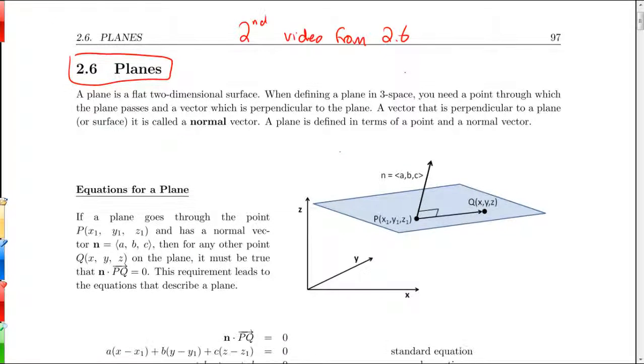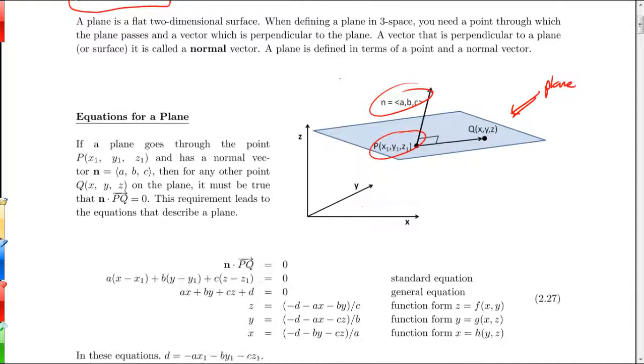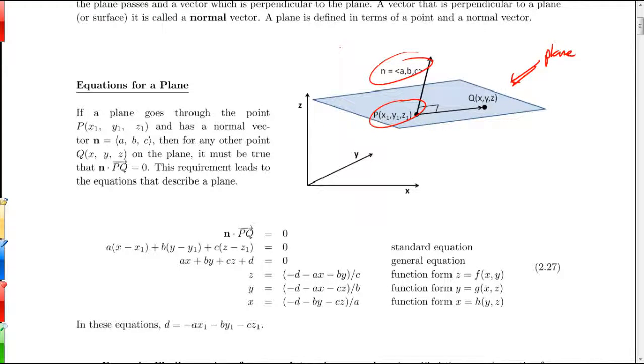So the quick review here is that in order to define a plane, what I need is a normal vector and a point. If I can get that normal vector and a point, then I dot product them essentially and collect all of the terms.